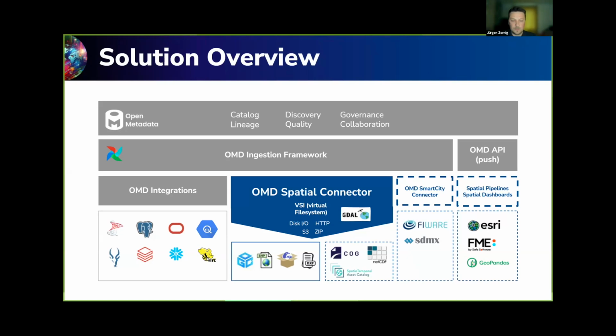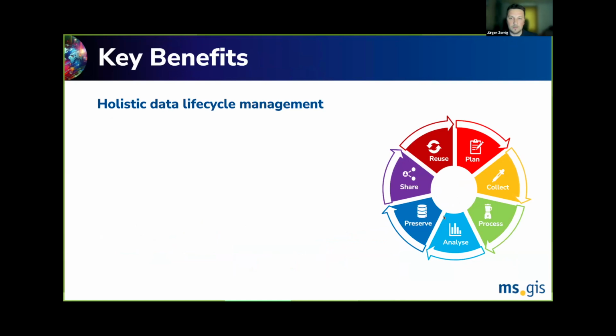These tools don't have a server or an API, so we have to push metadata into the system, and therefore we will use the API. And we also want to connect to our smart city systems like FIWARE and the NGSI standards, where there will also be a connector soon. What are the key benefits of all of this?